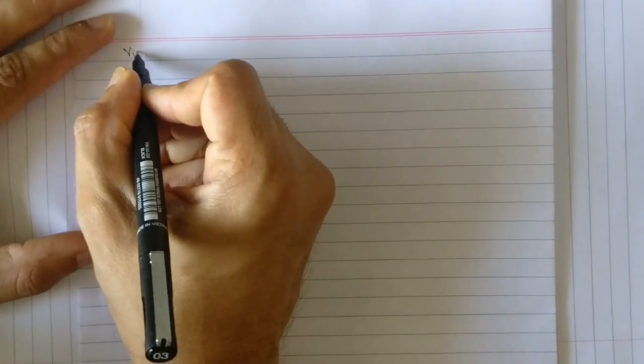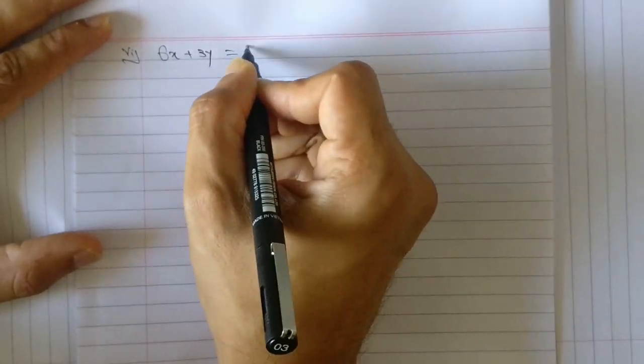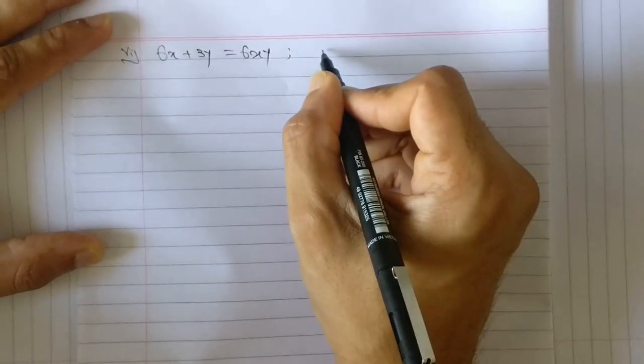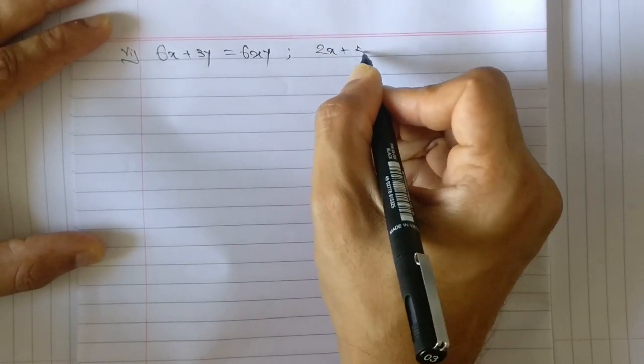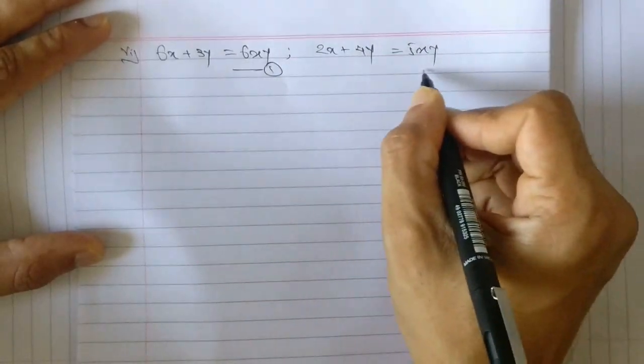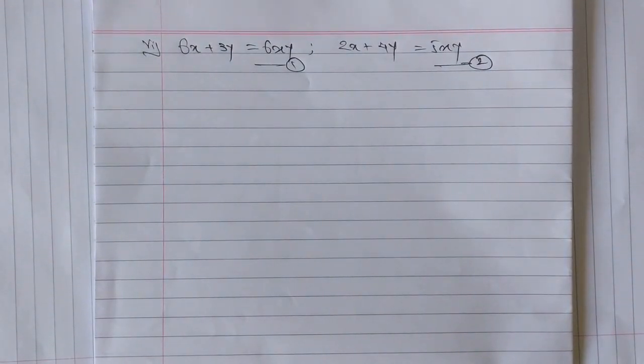Okay, next question I'm going to try is the sixth one, which is 6x plus 3y is equal to 6xy and 2x plus 4y is equal to 5xy. So equation 1 and equation 2. As you can see here, there is xy. So how to solve this kind of equation?